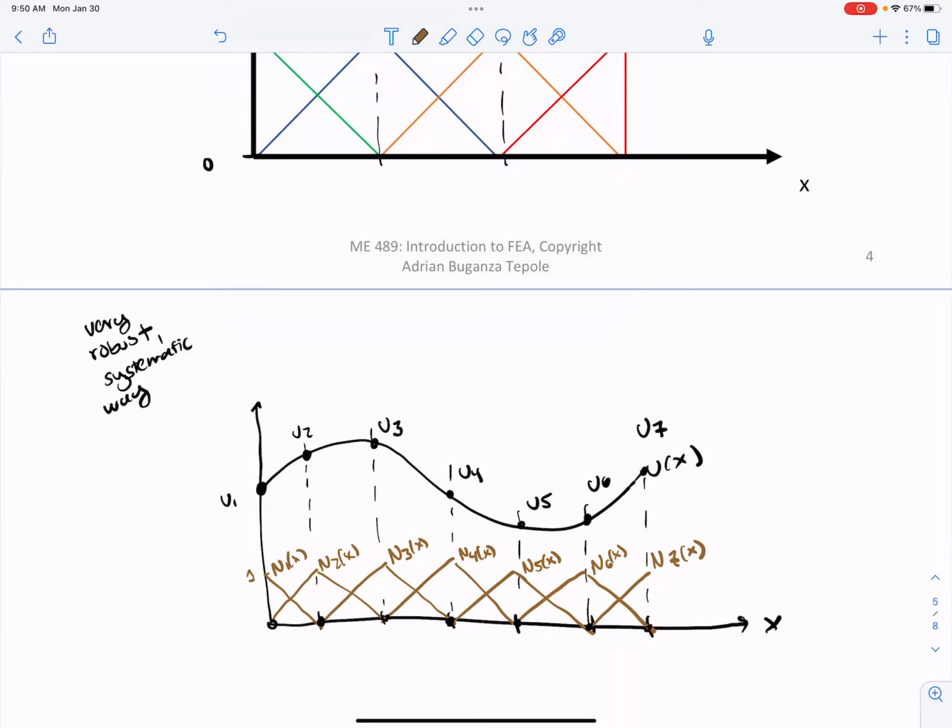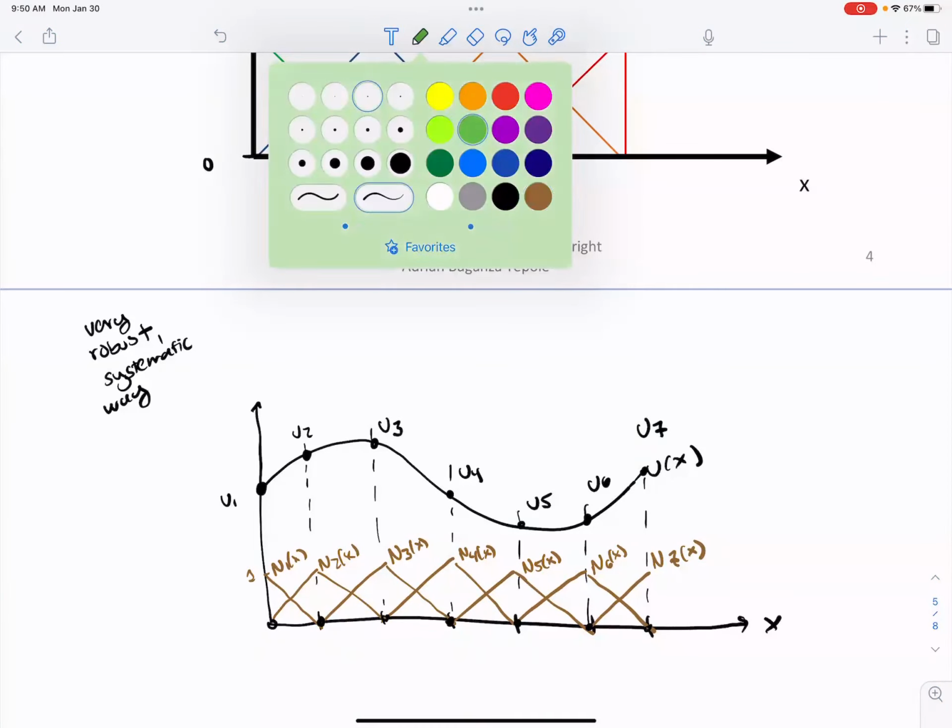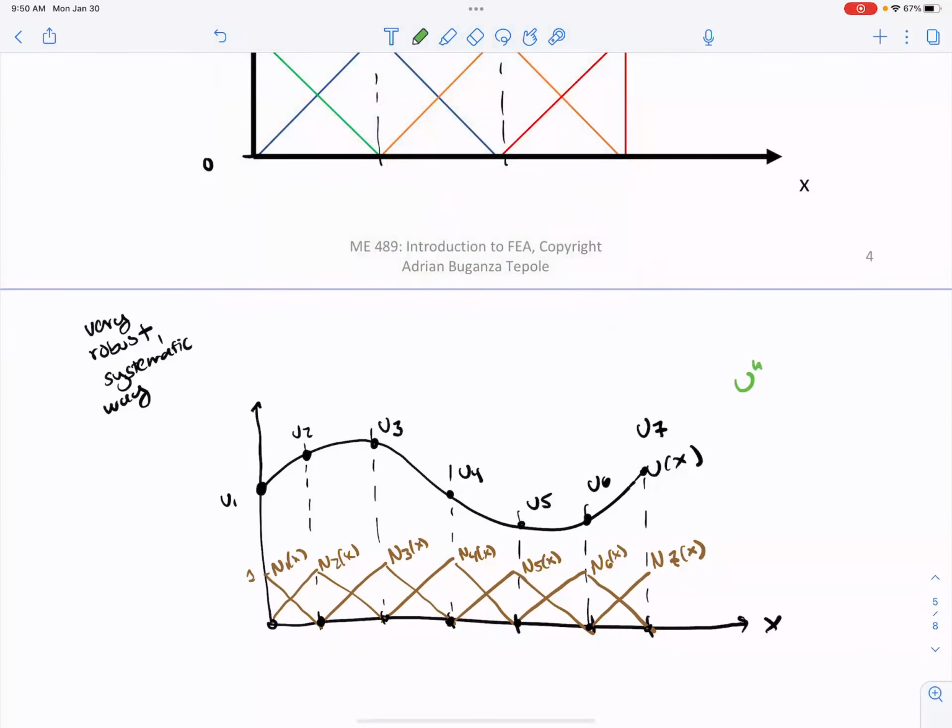And then if I do, I'm just going to call it UH because it's not my initial U, but it's an approximation. It's going to be the sum of each of these shape functions times the nodal value. That, if I do that sum, it will give me a piecewise linear approximation.